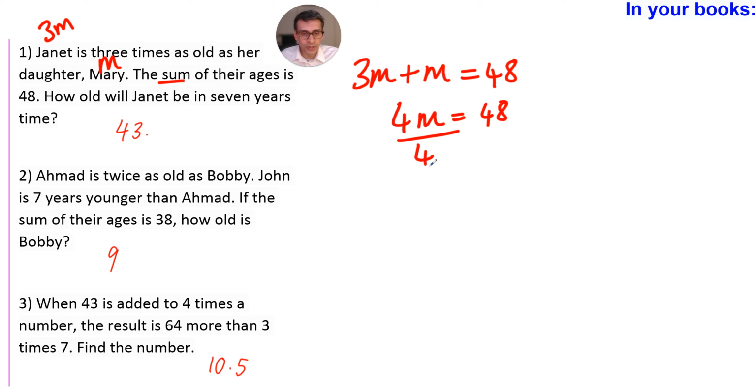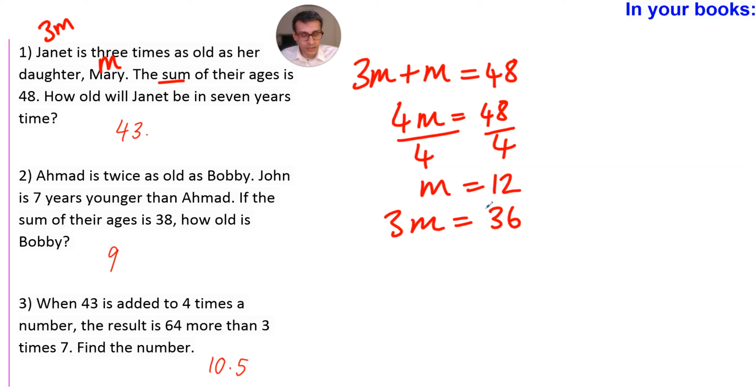If you then divide both sides by 4, you can work out M, which is Mary's age. So 48 divided by 4 is 12. So Mary is 12 and Janet is 3M. So if M is 12, then 3M is 36. So it says, how old will Janet be in 7 years?